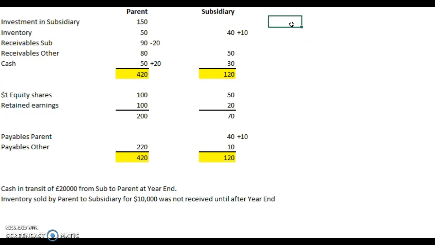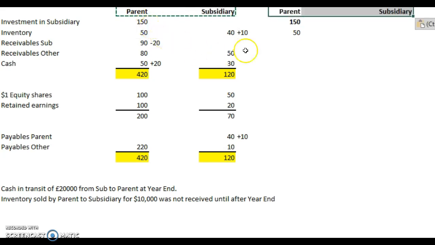Or rather, I'm going to do the adjusted two balance sheets. So what we'll have here is this will be 150. This will be 50. Let's just put these in, parent and subsidiary.